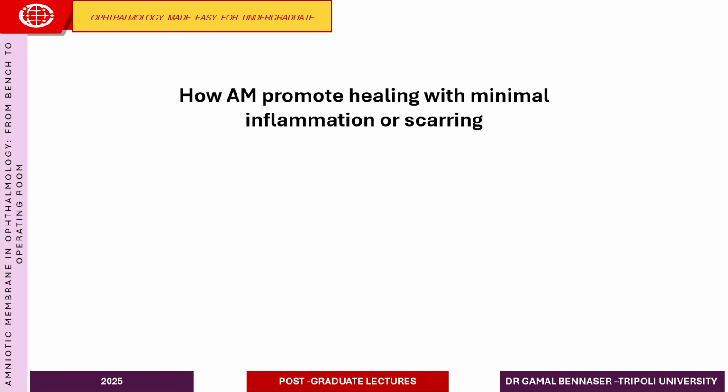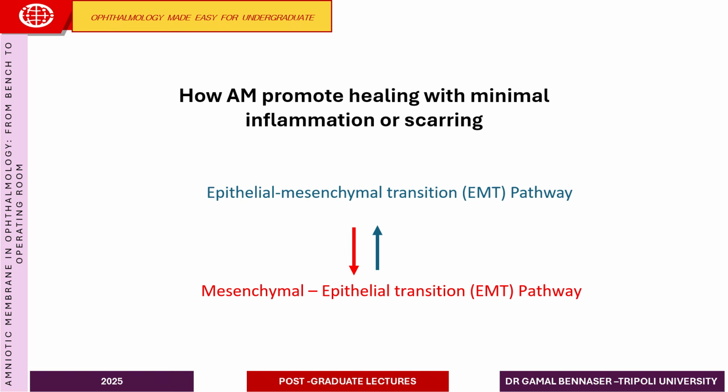Now, the secret of the amniotic membrane that makes it responsible for what's known as active therapy, as explained before, is that it promotes healing with minimum scar formation. This is because of its modulation and control over a physiological pathway which is known as the epithelial mesenchymal transition, and the reverse of this pathway.